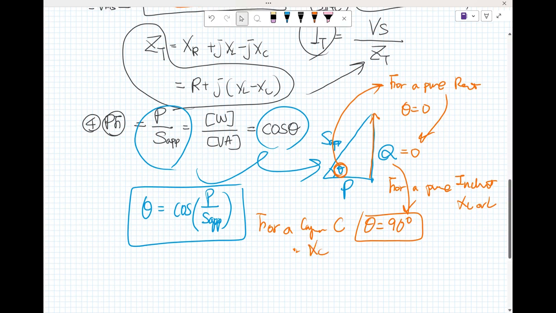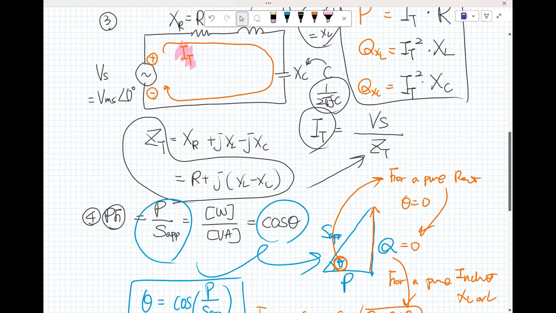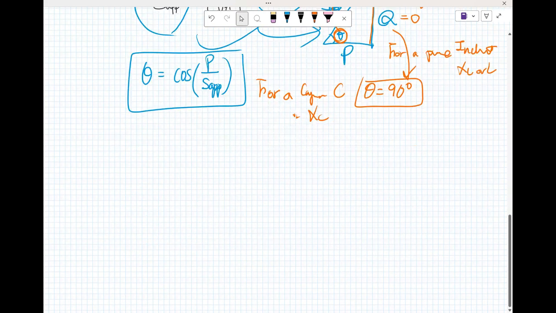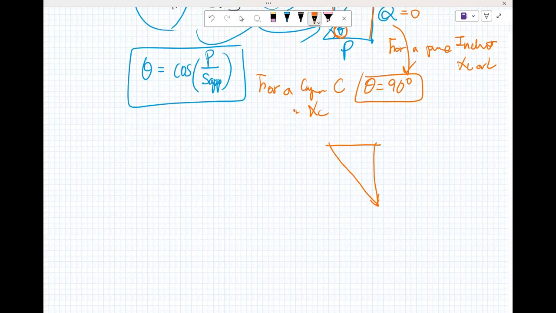So it means Q is downward. This is Q, this is the minus value, S apparent, and P. Definitely, we assume that P is a positive value. So that was the really basic concept of the power factor.